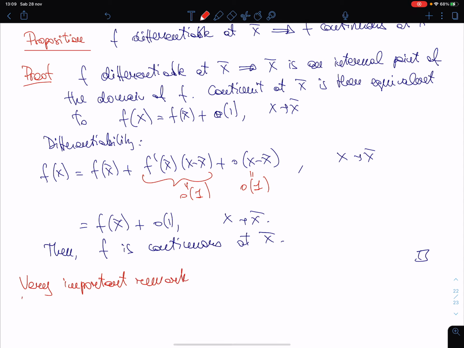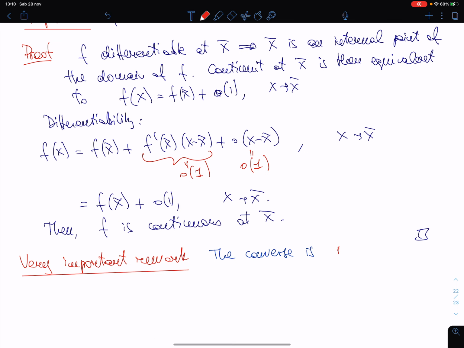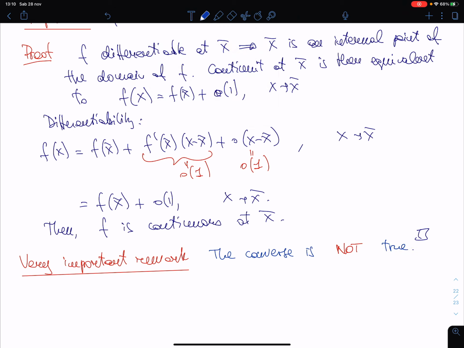The converse is not true. It means that f continuous at x bar does not imply that f is differentiable at x bar.